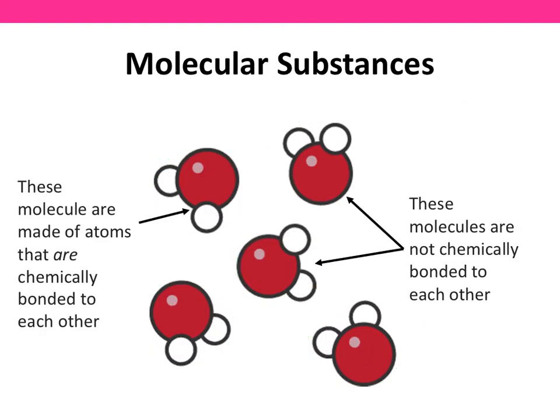Here's a slightly different view of it. Those water molecules are made of atoms that are chemically combined, and each of those molecules is separate from the others. They are not chemically bonded to each other. They are like separate particles.